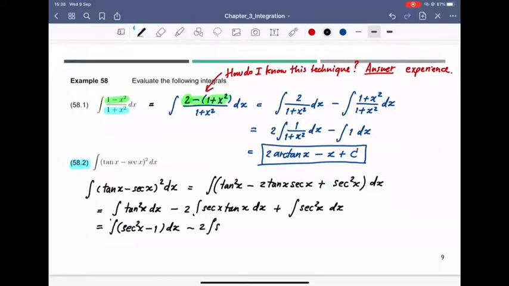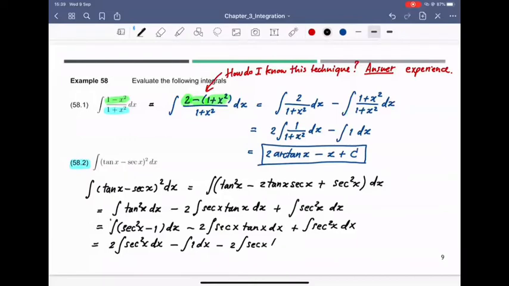So I want to simplify a little bit more so I can integrate. The last two terms, I'm not going to touch because I can integrate them anyway. So I'm going to group secant square together. I'm going to have 2 times the integral of secant square x dx, minus the integral of 1 dx, minus 2 times the integral of secant x tan x dx.